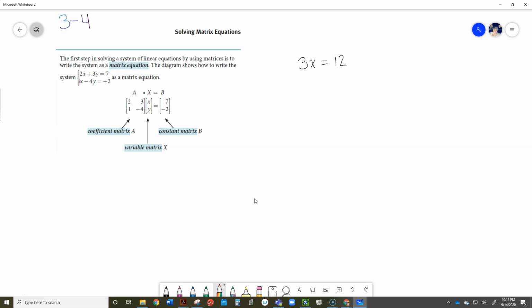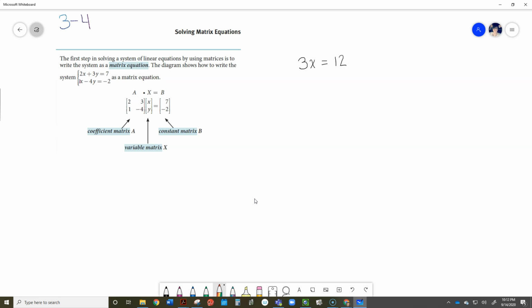And those 4 numbers right there go together to make what we call the coefficient matrix, because they are numbers that are the coefficients of our variables. Then we have our variable matrix, and this is just going to be the matrix that contains our variables. Our variables right here are x's and y's. So the x's are listed first. The y's are listed second. And then we have our equal sign, and then we have our constant matrix.